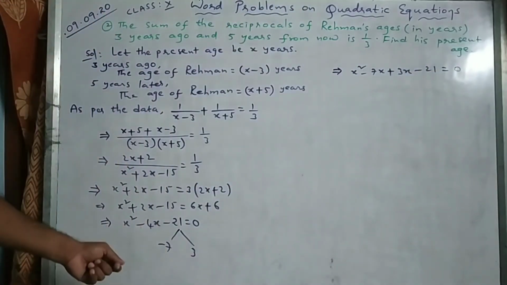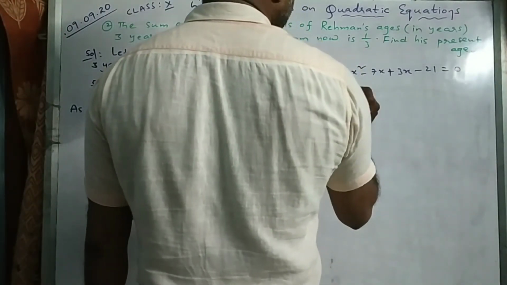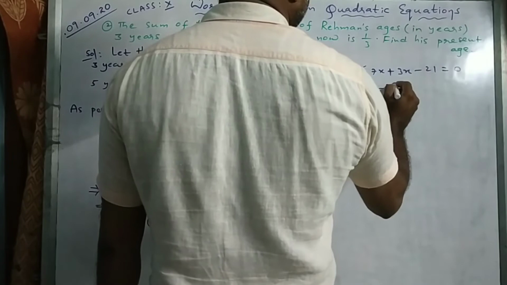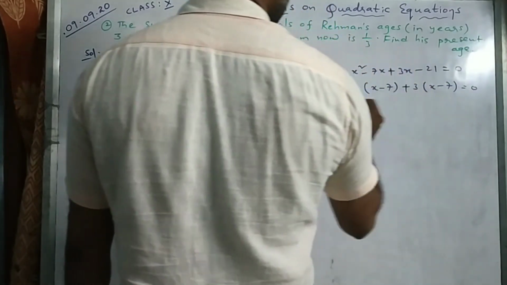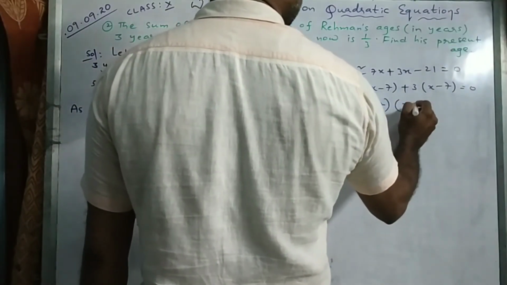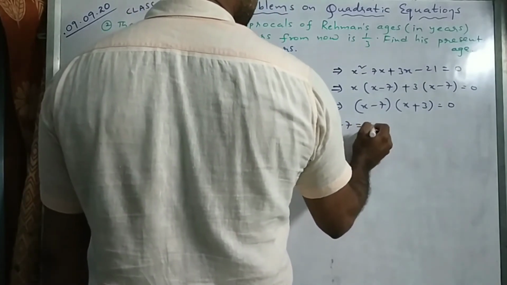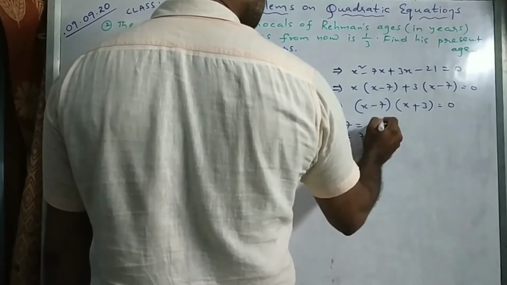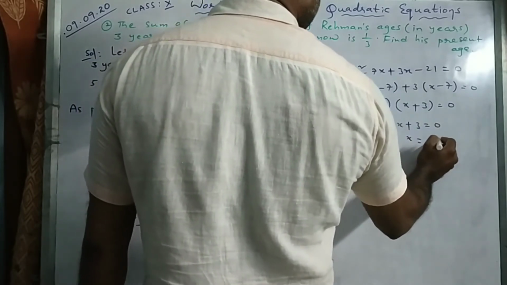Or you can use the quadratic formula also, no problem. So take x common, plus 3 common. X minus 7 into x plus 3 equal to 0. So x minus 7 equal to 0, x equal to 7; x plus 3 equal to 0, x equal to minus 3.